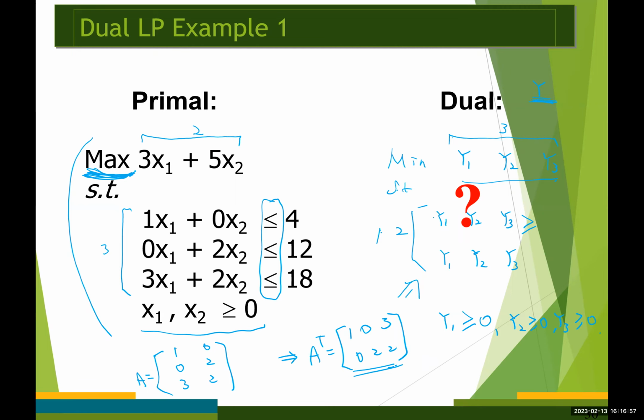Okay, so it's going to be 1, 0, 3, and 0, 2, 2, right? And the objective coefficients 3 and 5 become the right-hand side values in order. Likewise, 4, 12, 18, the right-hand side values, become the objective coefficient values in order. So this is going to be our dual LP. Okay.